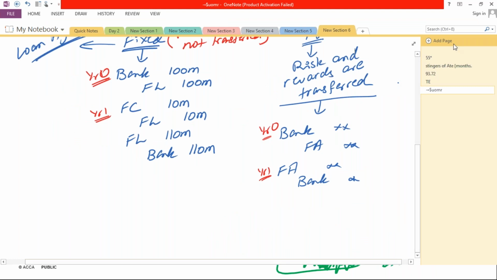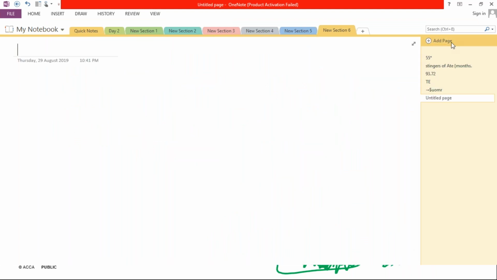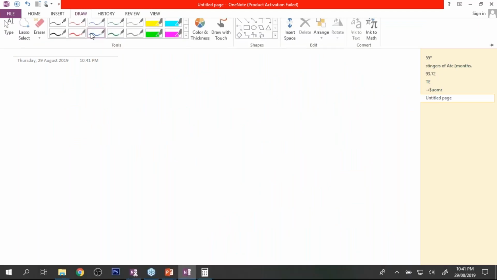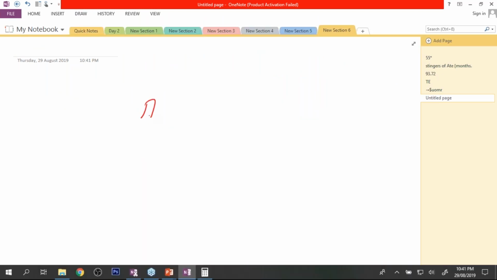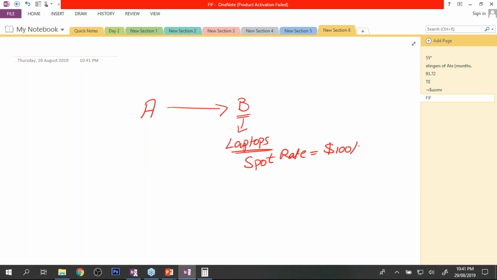So I'm opening the OneNote again, and I'm writing down my example again. I am A and I go to B and say, look, I purchase laptops from you at the spot rate, today's rate, which was $100 per unit.